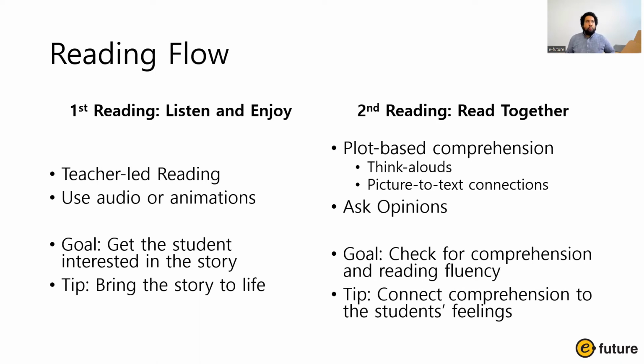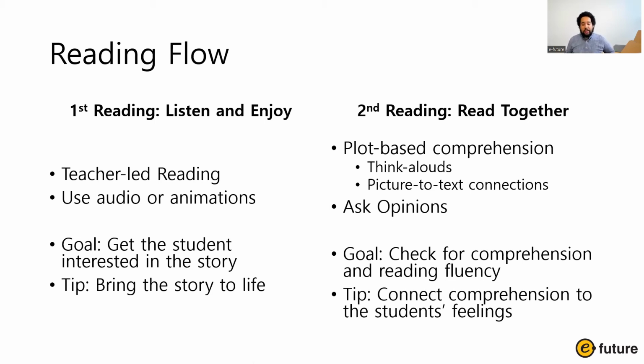How does the character make you feel? Or how do you think the character feels? Things like that. It doesn't have to be correct. It's just to get them to engage and demonstrate that they can comprehend something without asking formal comprehension questions.